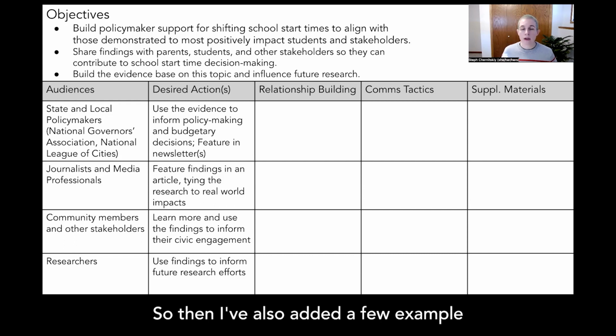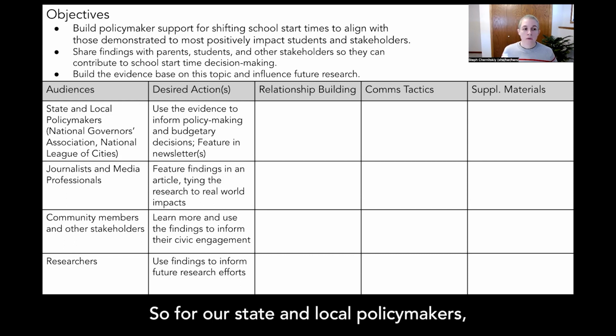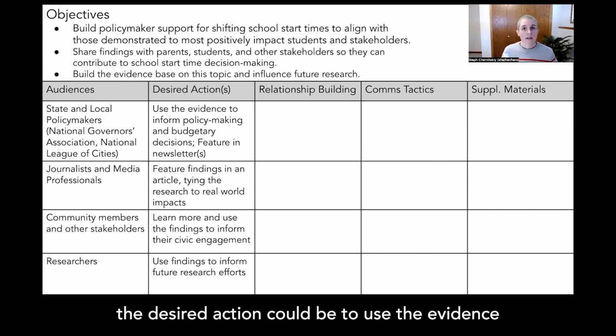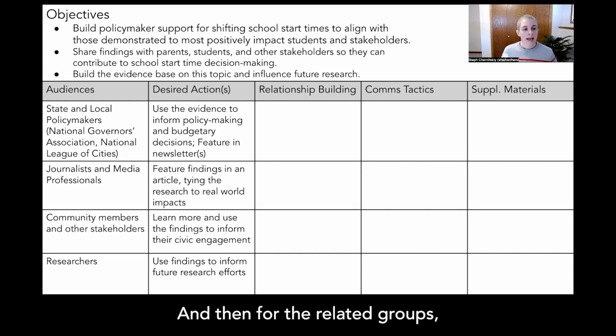I've also added a few example desired actions in that second column of the table. For our state and local policymakers, the desired action could be to use the evidence to inform policymaking and budgetary decisions. For the related groups, the National Governors Association and the National League of Cities are asked maybe to feature the findings in their newsletters.